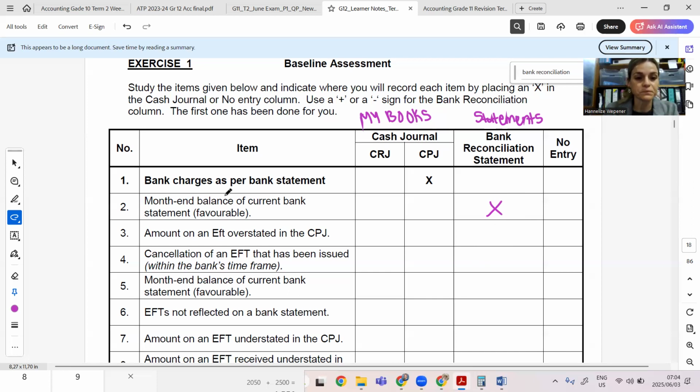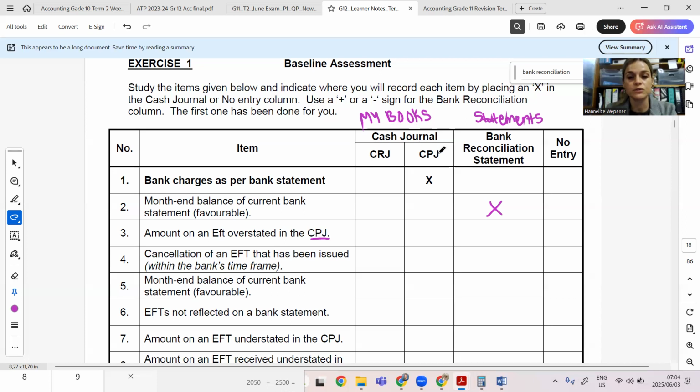Then number 3, an amount on an EFT was overstated in the CPJ. So in other words, you made a mistake, right? So you need to fix your books. It's an EFT in the CPJ that you recorded as an amount that was higher than the actual payment made. So you have more in your CPJ than what you should have. You may not have negative entries in your CPJ.